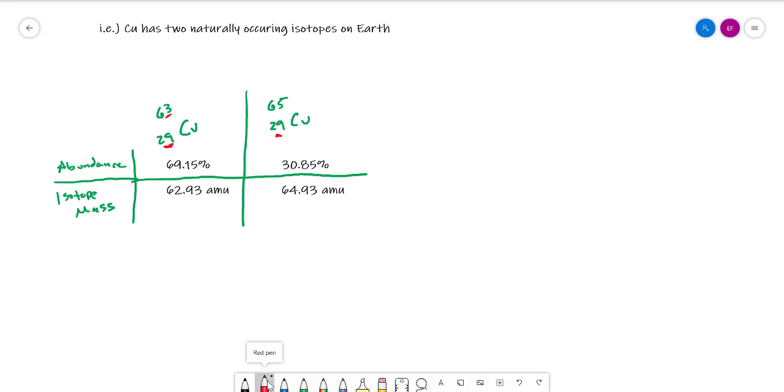Their abundances are described here, and the individual isotope masses of each one of these isotopes is reflected here. So what I want you to do is take a couple minutes and pause the video and try to compute what the weighted average, or in other words, the atomic mass or atomic weight of copper should be.